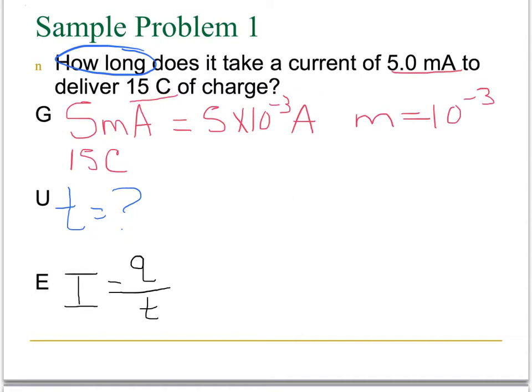So this 5 times 10 to the negative 3 amps must equal I in our equation. And we know coulombs is the unit of charge, one, because we've memorized that, and two, it tells us 15 coulombs of charge in the problem. So 15 C must equal Q from our equation.